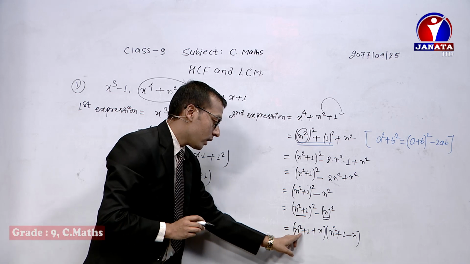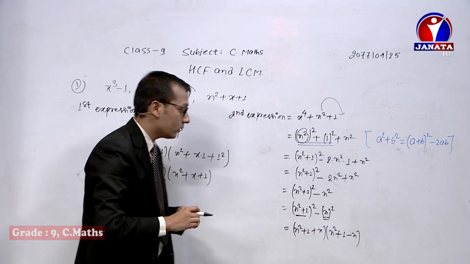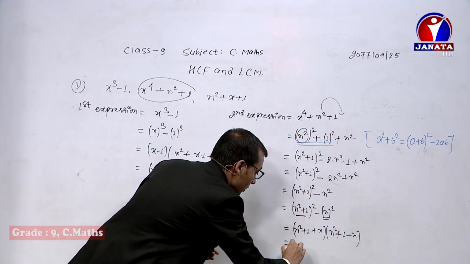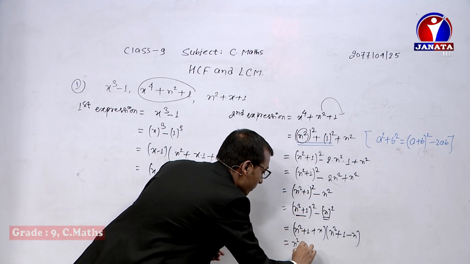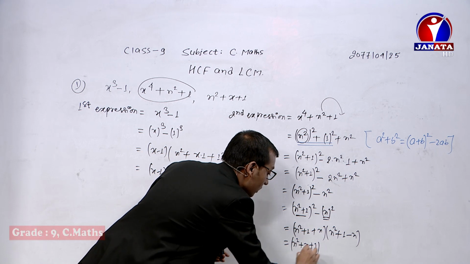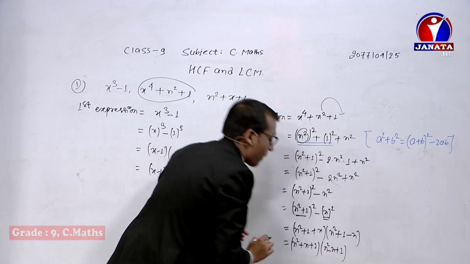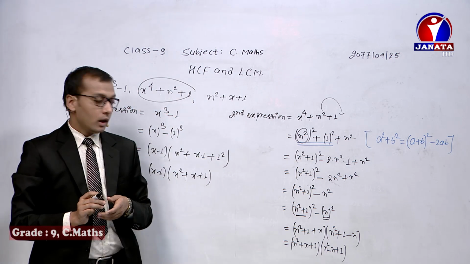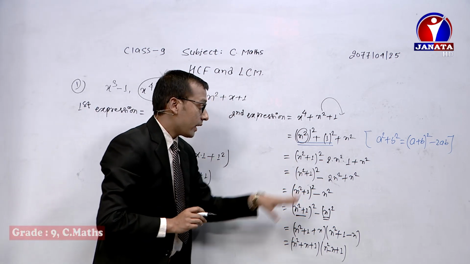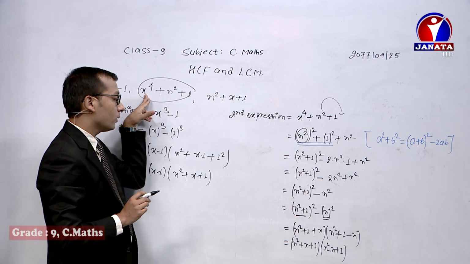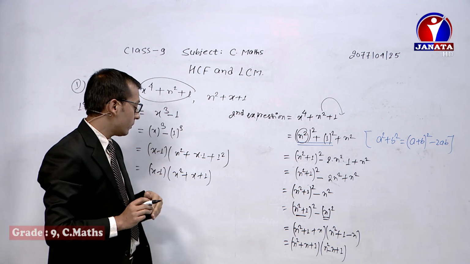Let's write x square, then x plus 1 in the last step of this factorization. x square plus x plus 1 times x square minus x plus 1. So these are the two factors of second expression, x to the power 4 plus x square plus 1.